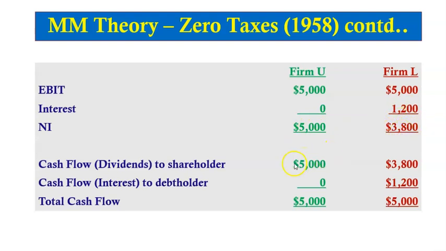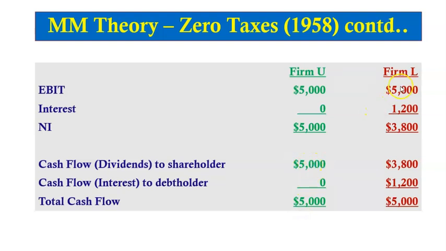The cash flow to the shareholders in firm U is $5,000 because there are no creditors and no interest payment is required. So all the earnings are paid out as dividends to the shareholders in firm U, and that is also equal to the total cash flow, which is the free cash flow available for distribution to shareholders, which has been in this case paid out as dividend.